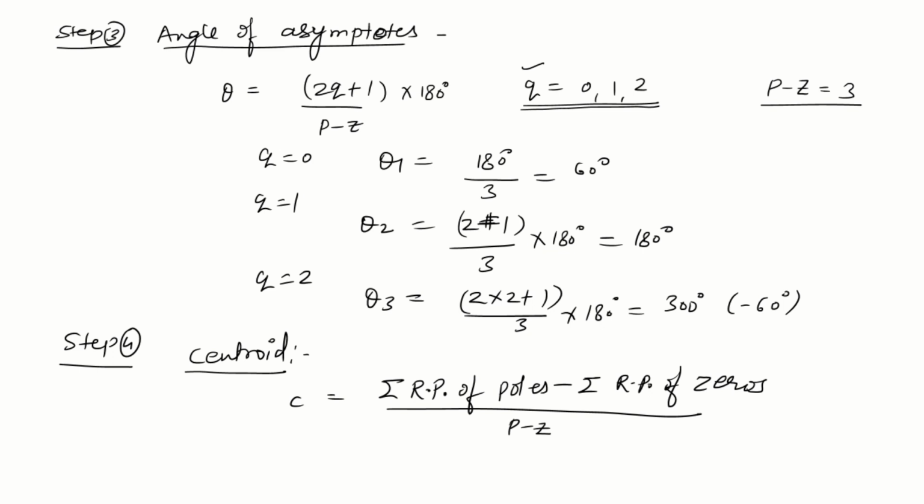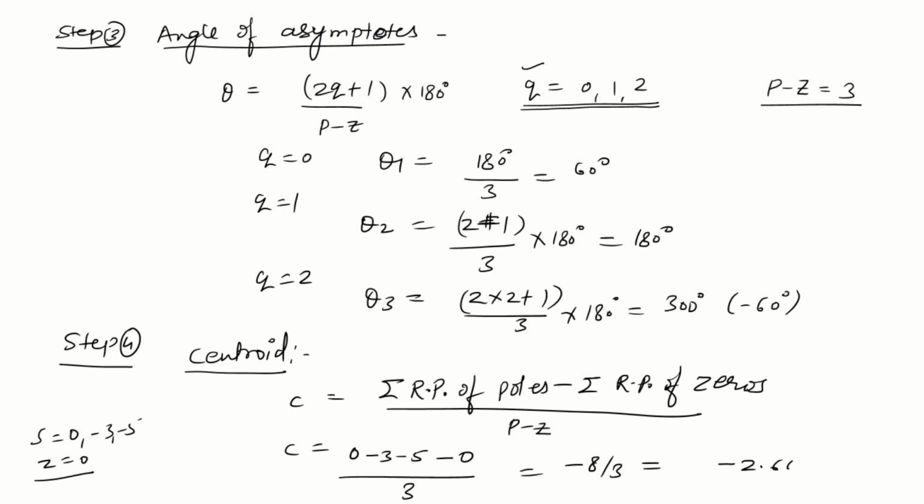Since we have poles at s equals 0, minus 3 and minus 5, and no zeros in the question, the value of C is real part of poles, which is 0, minus 3, minus 5, divided by p minus z, which is 3. So this will be minus 8 by 3, which comes out to be minus 2.667.